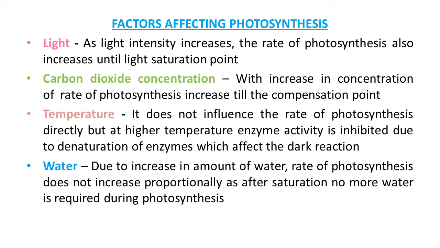C3 and C4 plants respond differently to CO2 concentration. At low light conditions, neither group responds to high CO2 condition. At high light intensity, both C3 and C4 plants show increase in the rate of photosynthesis.